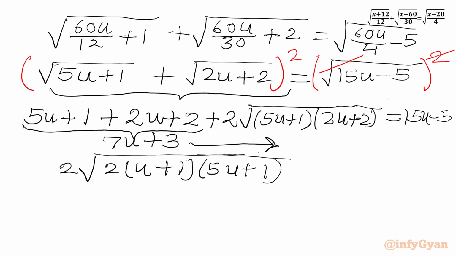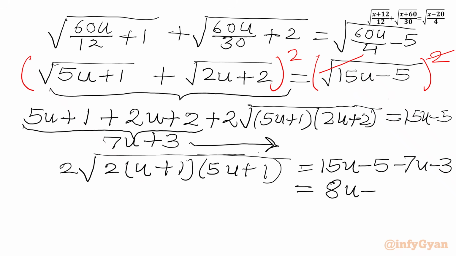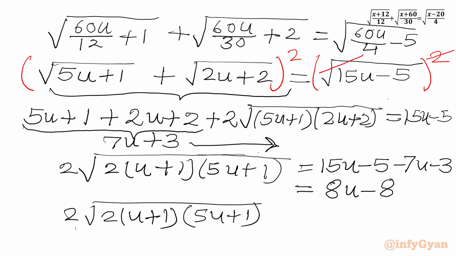equal to 15u minus 5 minus 7u minus 3. 15 minus 7 is 8, so 8u. Minus 5 minus 3 is minus 8. Now we will take 8 common from here. So we will write 2 times square root of 2 times u plus 1 times 5u plus 1 equal to 8 times u minus 1.